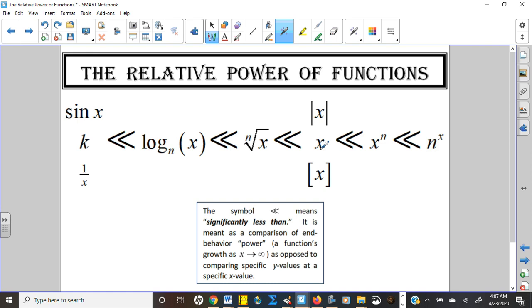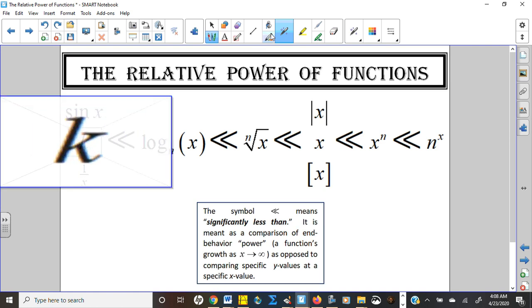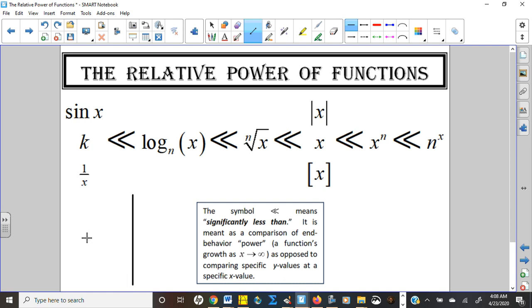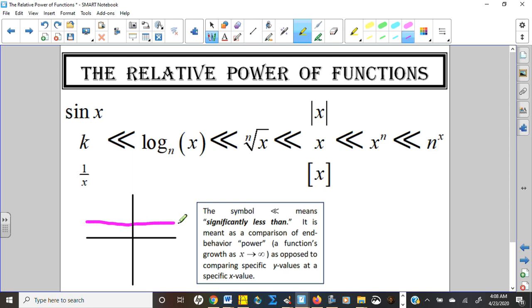The reason some of these other guys are included, like a constant function, I think we understand why a constant function is hopefully the weakest of all functions. If I graph a horizontal line, it's never going to grow one way or the other. It's never going up or going down.